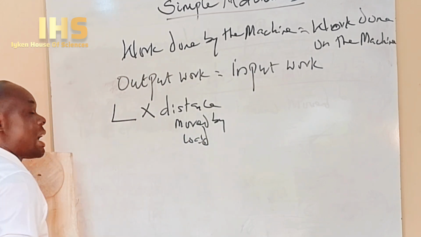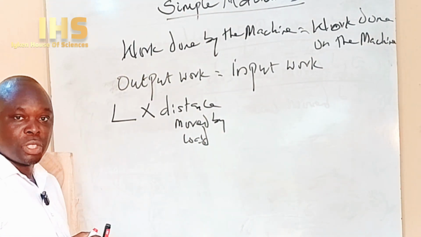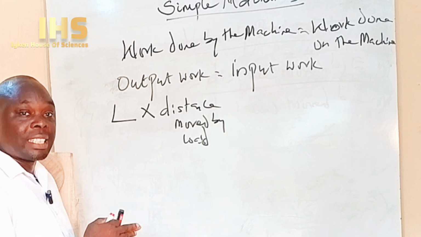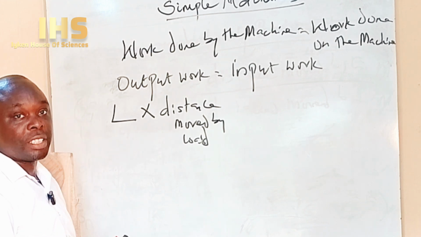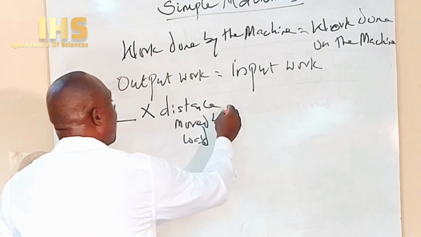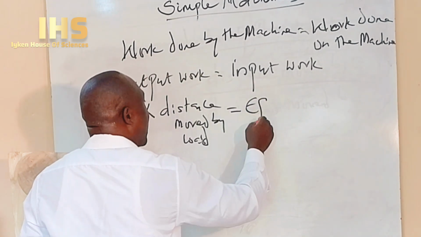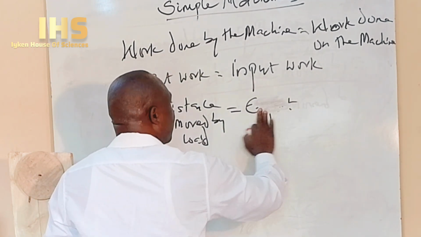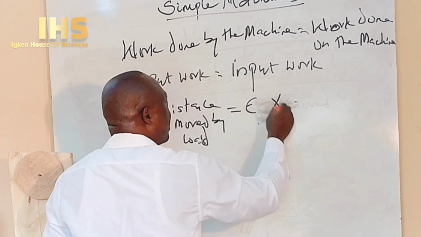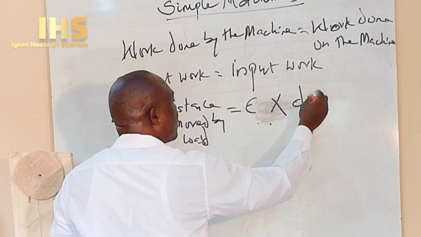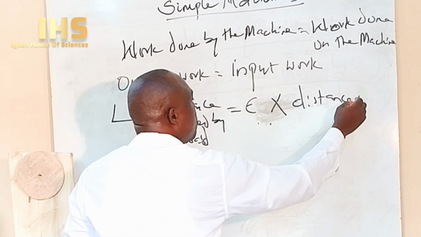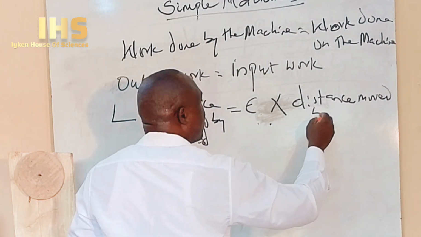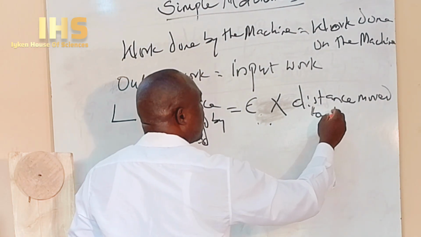That's the meaning of the work output. What is the work input? The work input is the effort you apply, E, multiplied by the distance moved by the effort.